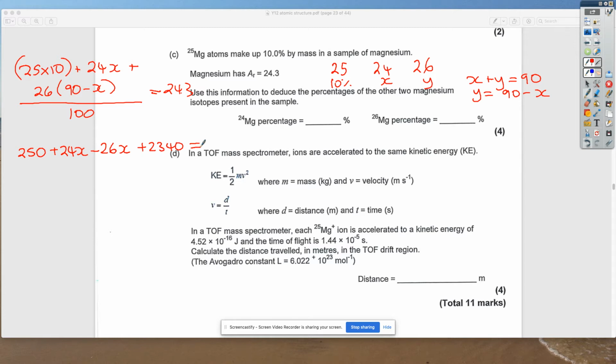Is equal to 2430, because I've timed that side by 100. Is everybody okay with that sentence?